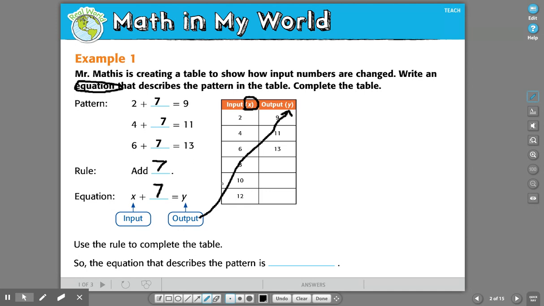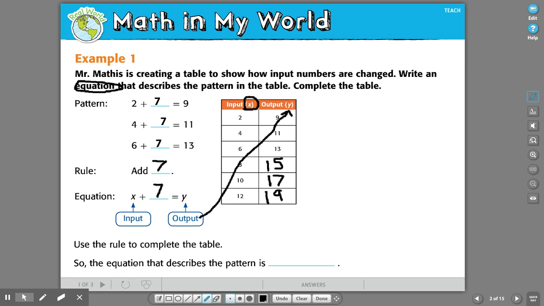Use the rule to complete the table. So 8 plus 7, we know, is 15. 10 plus 7 is 17. 12 plus 7 is 19.